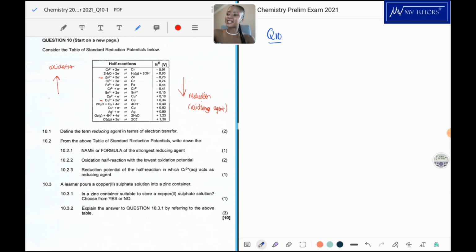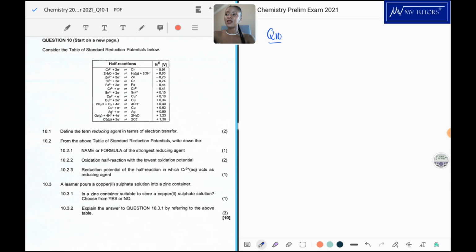In this case your reducing agent is working hard. So we can see relatively what's happening here. As you go up, oxidation ability increases, if I could say, and as we go down, then reduction ability increases.